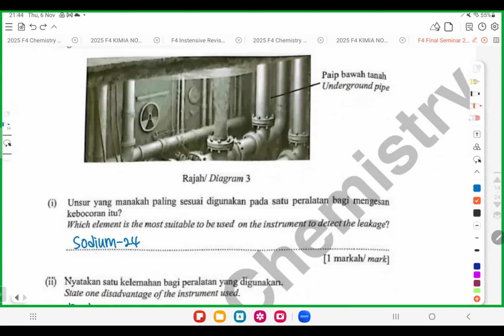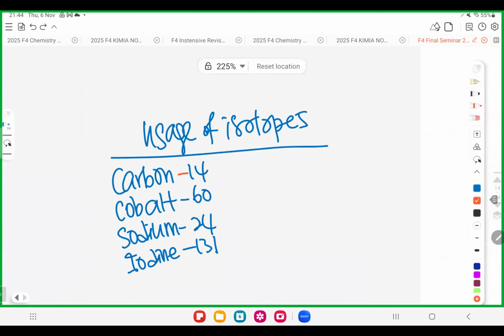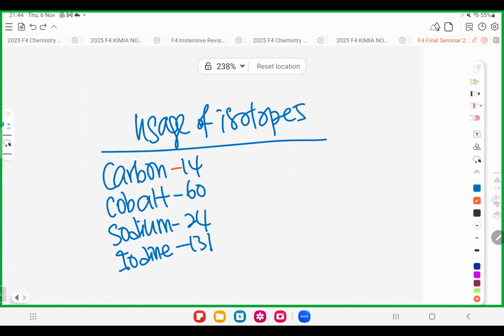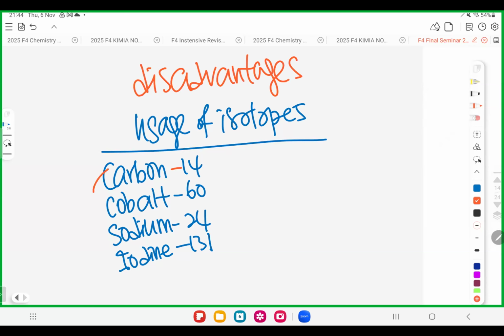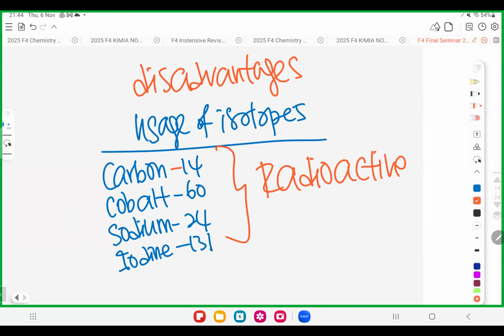Okay, next one. What is the disadvantage of the instrument that you use here? Okay, guys, I teach you one universal answer. Whenever you have isotope, when they ask you the bad thing about isotope, you can write one answer for whatever isotope it is, which is called radioactive.